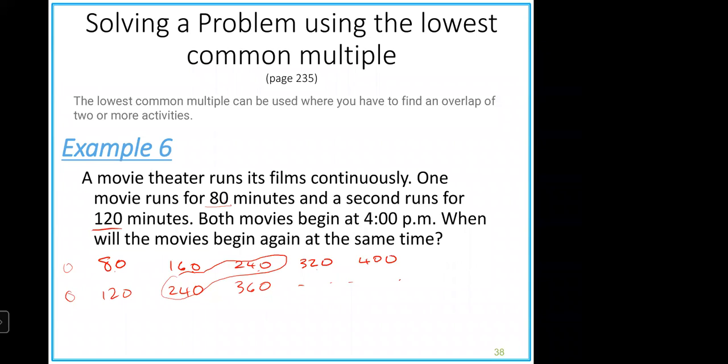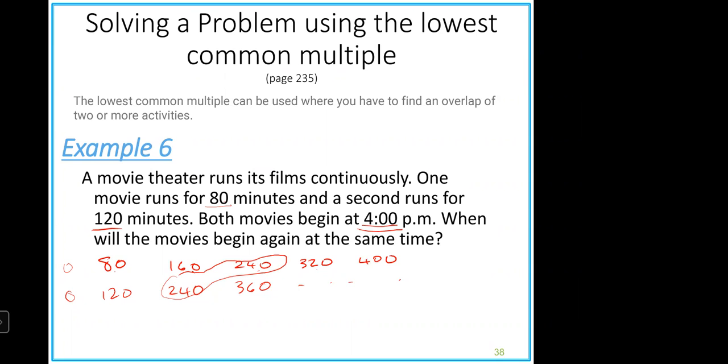It will be 240 minutes after 4 p.m. How many hours is 240 minutes? 4 hours. So if you started at 4, it would be 8 p.m. when the movies begin again at the same time.